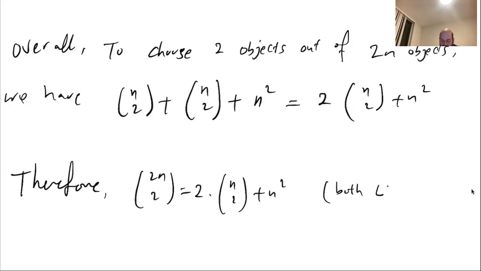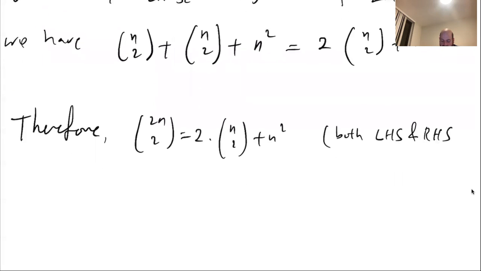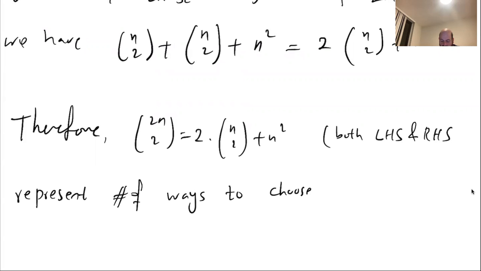Both the left-hand side and the right-hand side represent the number of ways to choose two objects out of 2n objects.